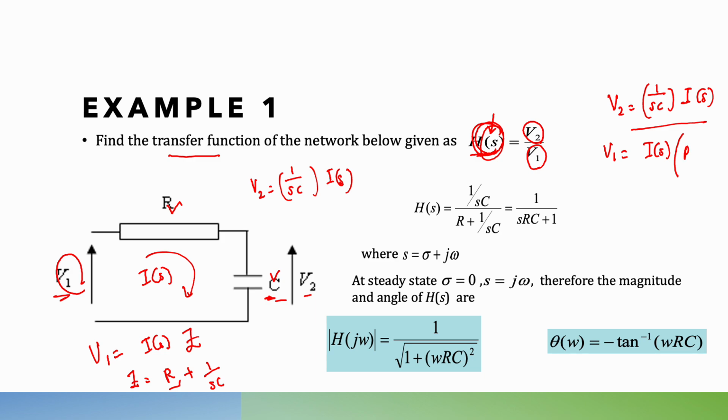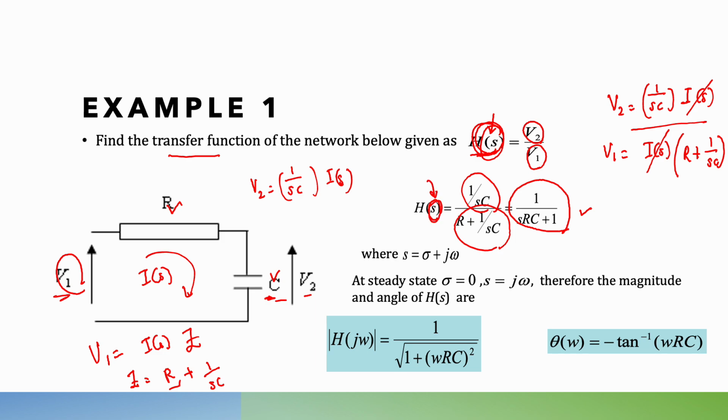The total impedance is R plus 1 over SC. So we can cancel both of the I(s). H(s) is equal to 1 over SC divided by R plus 1 over SC. We can simplify the equation and we will get as such.